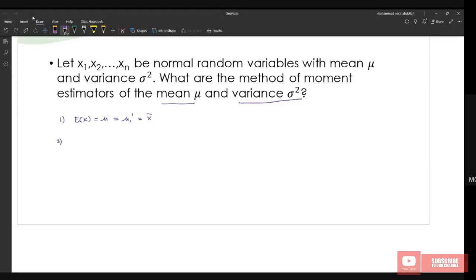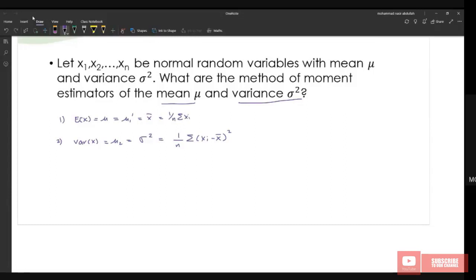Second step, we want to find the second moment about the mean. The second moment about the mean is the variance of x, which is mu2, equal to sigma squared. The sample variance is equal to 1 over n summation of xi minus x bar squared, right?